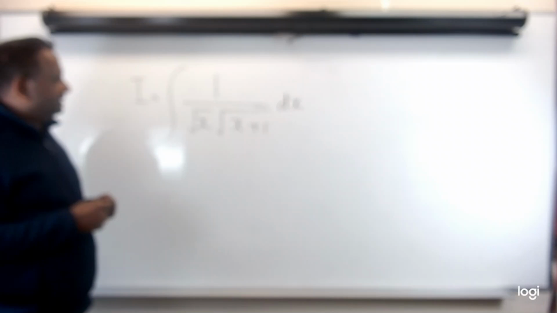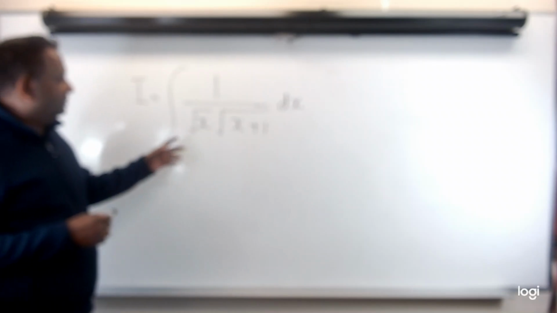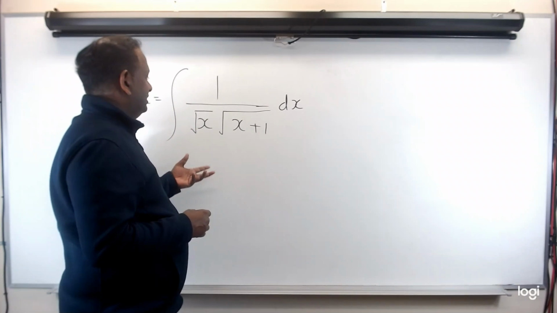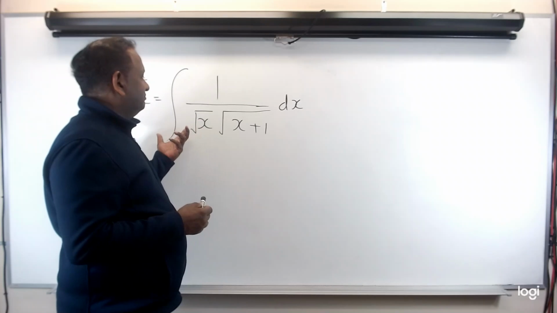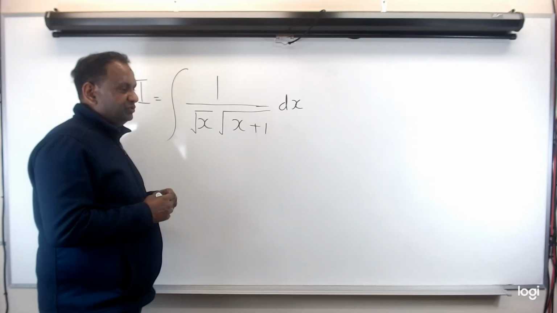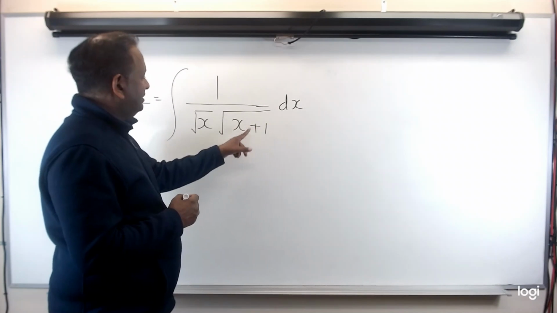In a situation like this, as I mentioned in previous cases, you look into whether this guy's derivative is on the top. For sure, it's not there. So here you have to go for some kind of substitution. The substitution should be either the inside part, or the whole thing.